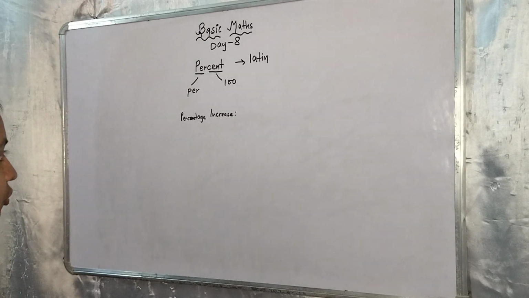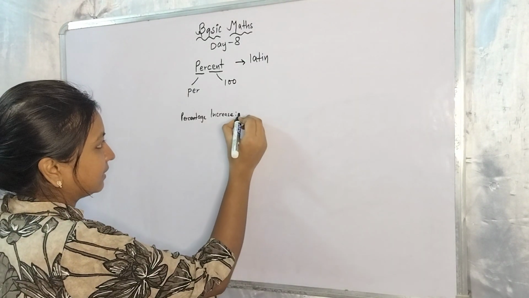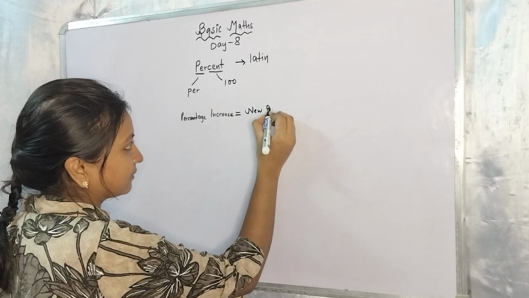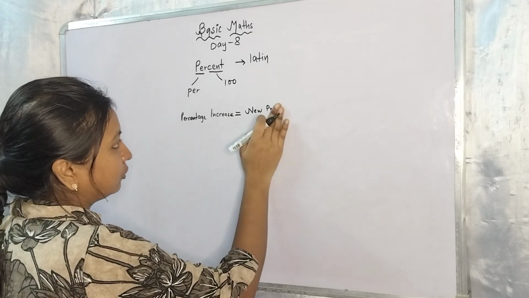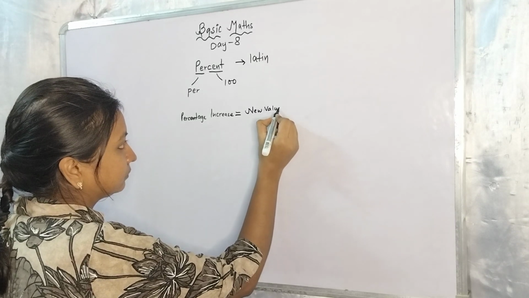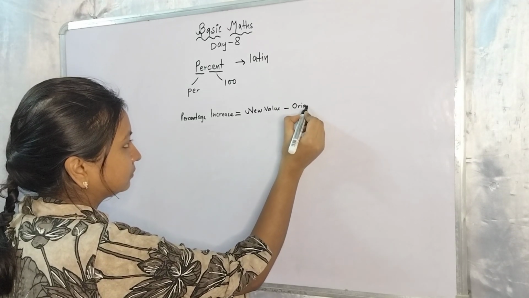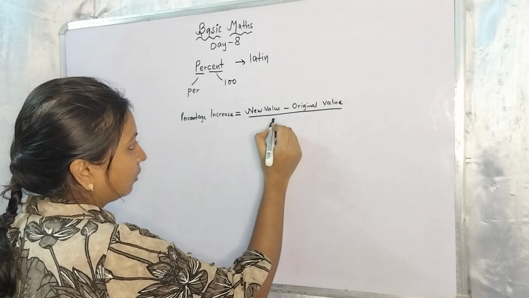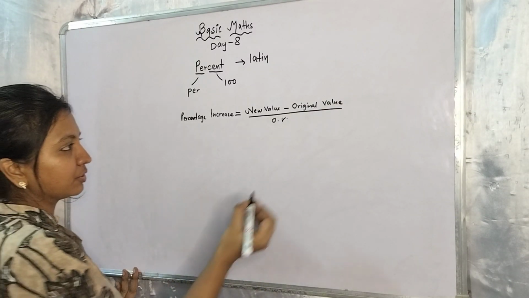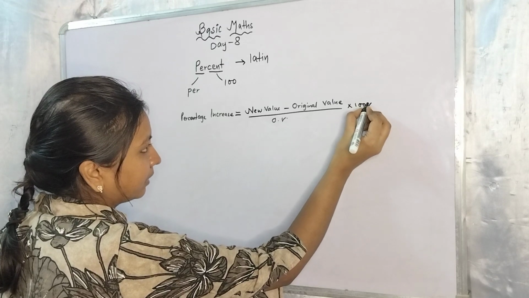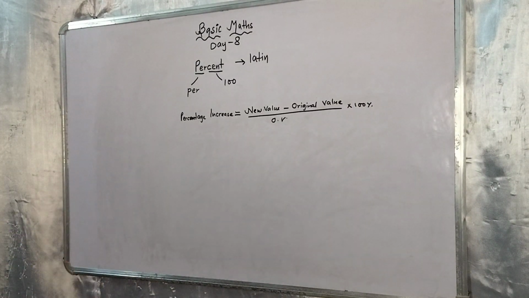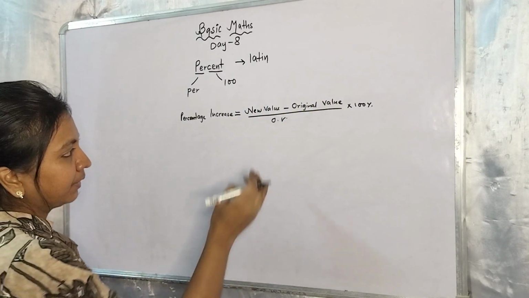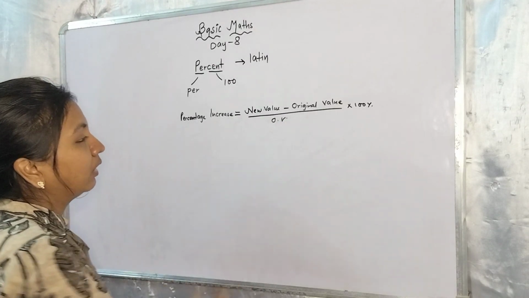For that type of question you need to know a formula, that is percentage increase equals new value, the new price value which got increased, minus original value, which was earlier with us, divided by original value, into 100%.